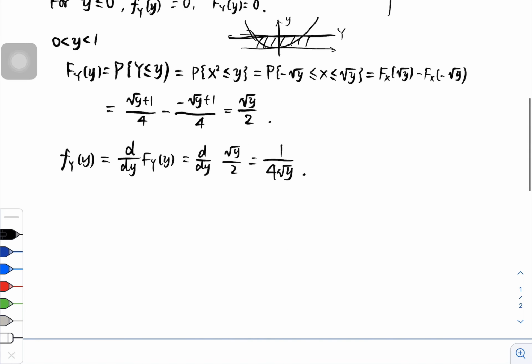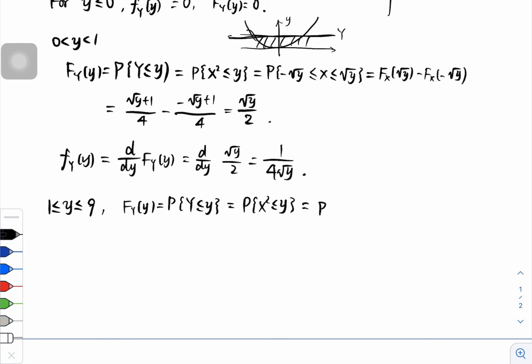Then for the situation of 1 to 9, it is another situation, like this.